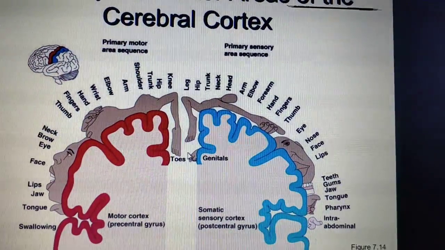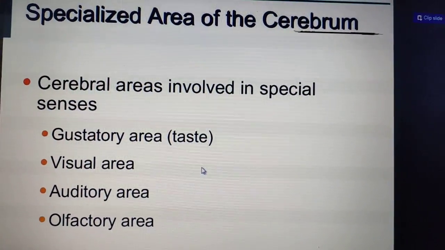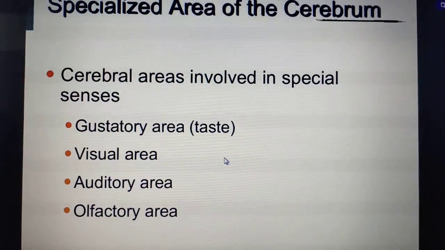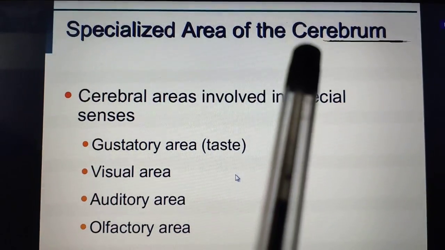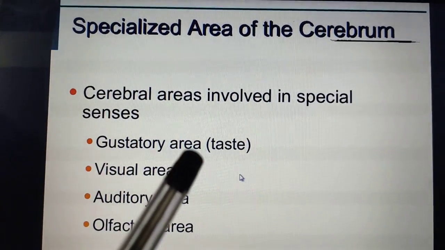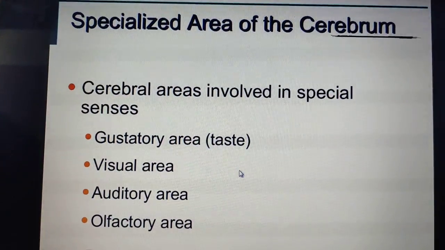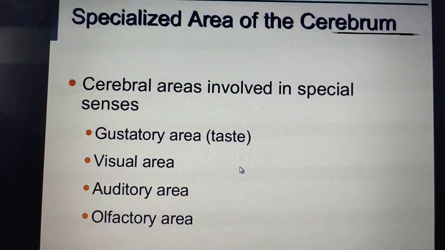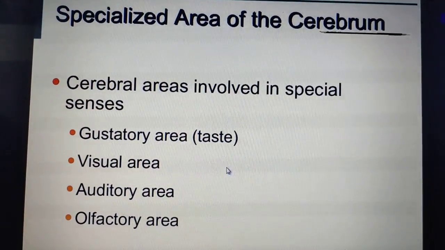Understood, no? Okay. And also the cerebral areas involved in the special senses, that is the gustatory area, means taste. The cerebrum helps to perceive the taste sense. Also the visual area, auditory area, olfactory area. All these impulses we feel by this part of the brain that we call cerebrum.